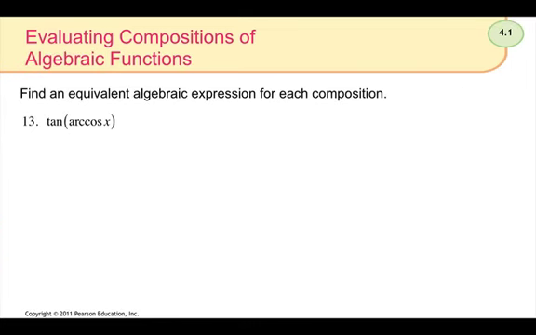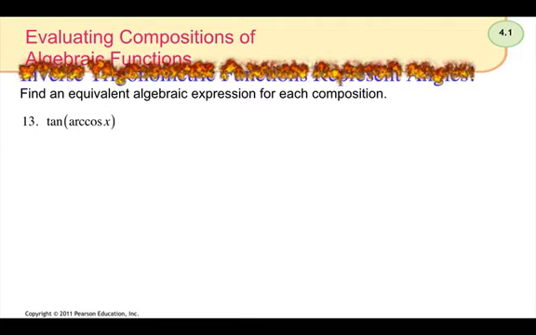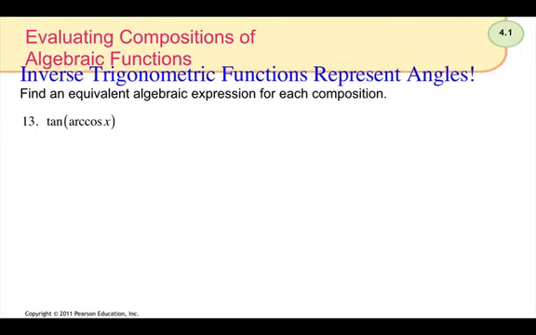So here's number 13. It says find an equivalent algebraic expression for each composition. Before I start working on 13, I just want to remind you of something that you saw in geometry, but also you saw at the beginning of this video, that inverse trigonometric functions actually represent angles or generate angles.